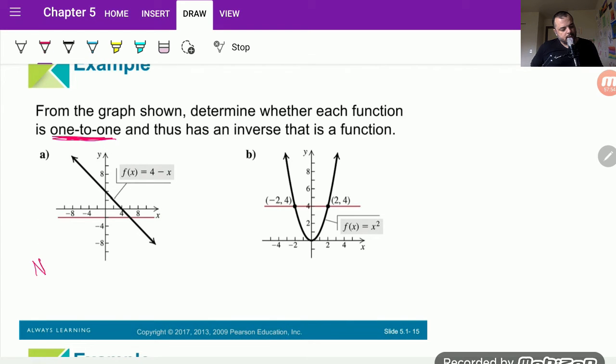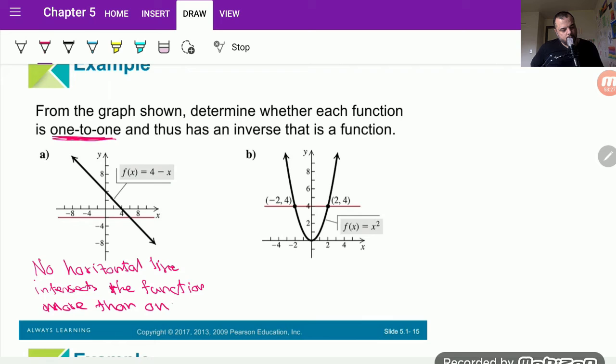So no horizontal line passes or intersects the line, or the function, more than once.